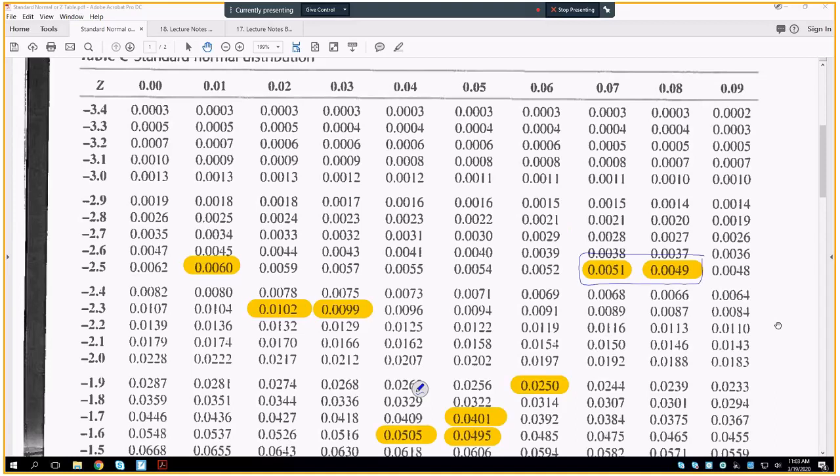And if I count, I can actually see the top of the table here, which is kind of nice. So I'm in the minus 2.5 column, and I am between negative 2.57 and negative 2.58. So I'm going to go ahead and say that my z value is the average of negative 2.57 and negative 2.58.